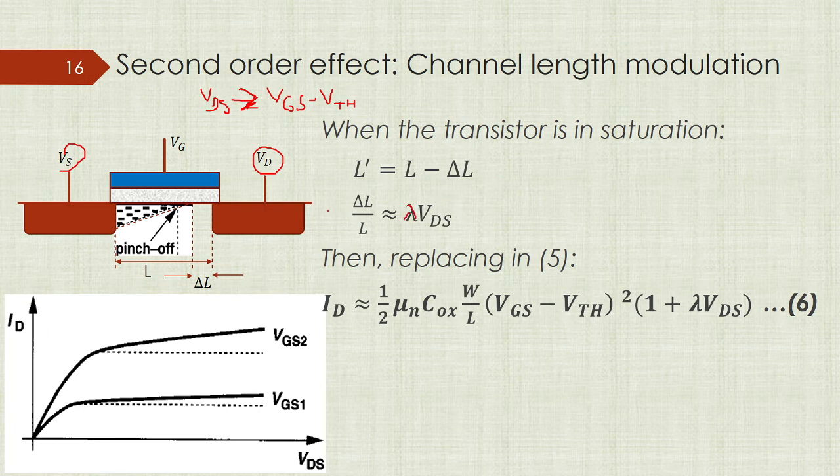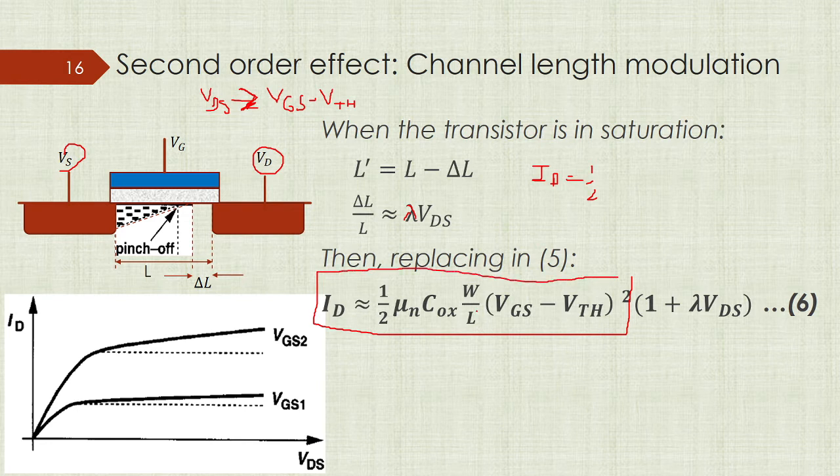If we replace those equations in our first equation, ID equals 1 over 2 mu Cox W over L times VGS minus VTH squared, but now our length is equal to L minus delta L. We can replace this equation here, and also delta L over L equal to lambda VDS, a linear relationship.